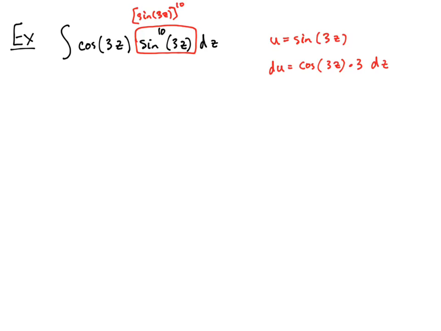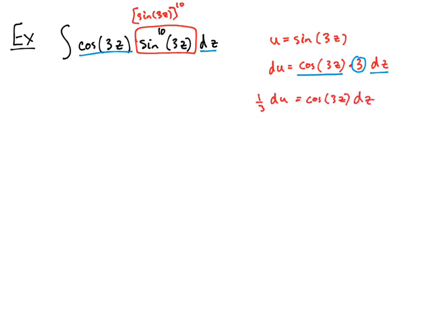So it looks like we have cosine of 3z dz, which is good, but we have an extra 3 in here, so we're going to divide both sides of this equation by 3, so we're going to end up with du times 1/3 is equal to cosine of 3z times dz.